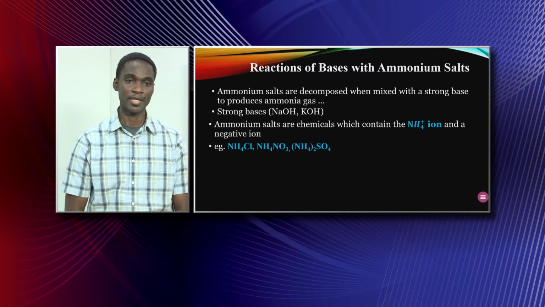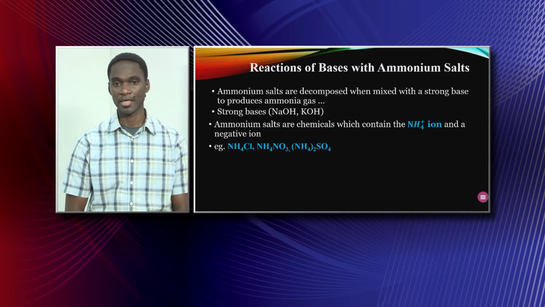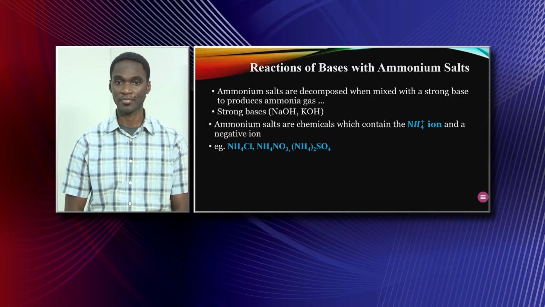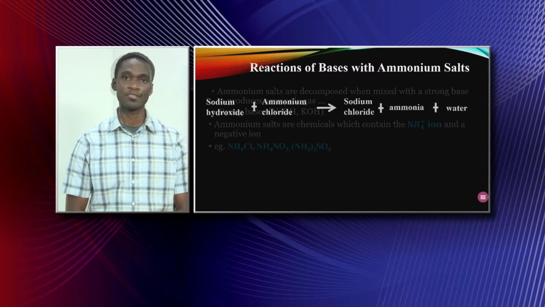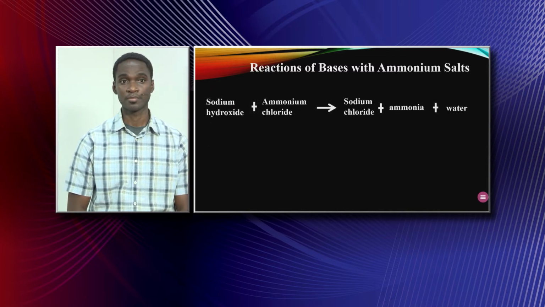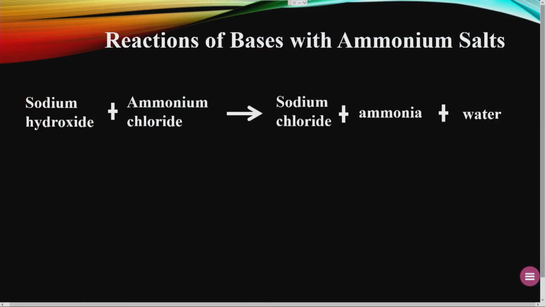They are all ammonium salts. The Cl- would be the negative ion, NO3- the negative ion, and SO4 2- would be the negative ion that is in ammonium sulfate. And so for our general equation, we will be using sodium hydroxide as the strong base plus ammonium chloride to give us sodium chloride, ammonia gas, and water.